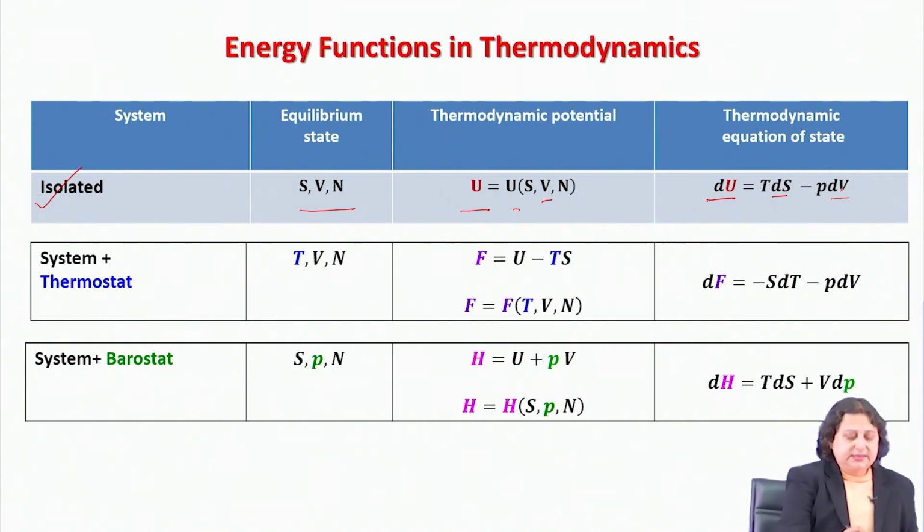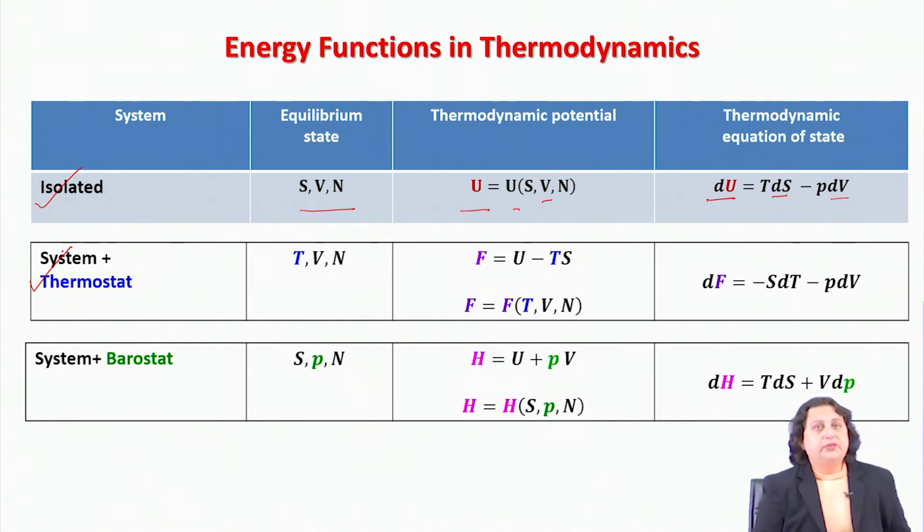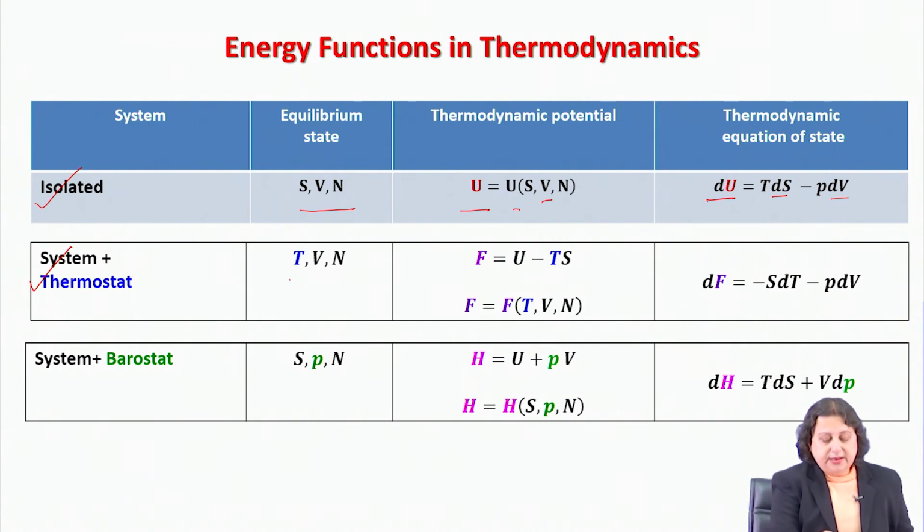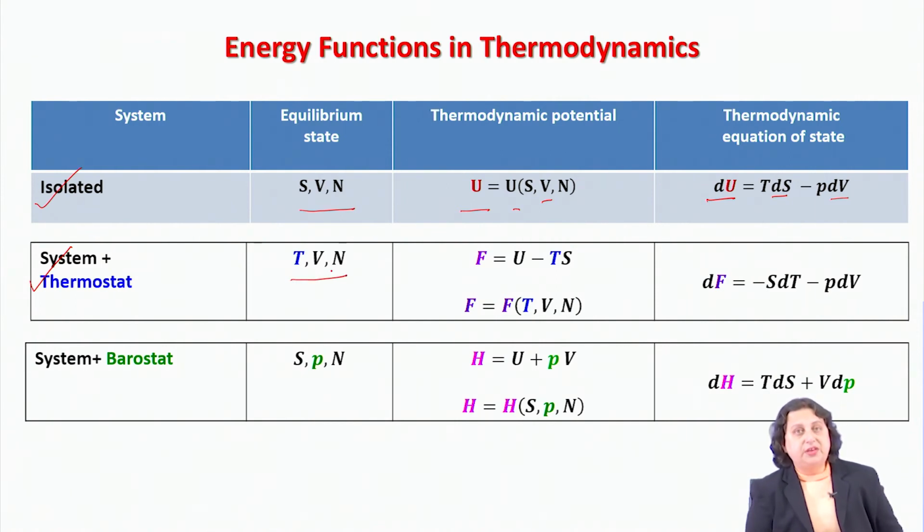Now, if I have a system in equilibrium with a thermostat, how do you define the equilibrium state of the system experimentally? You define it by specifying T, V, and N. Now, I have come across another energy function F, which is defined as this, and I find that the combination of the first and the second law of thermodynamics tells me that dF depends on dT and dV.